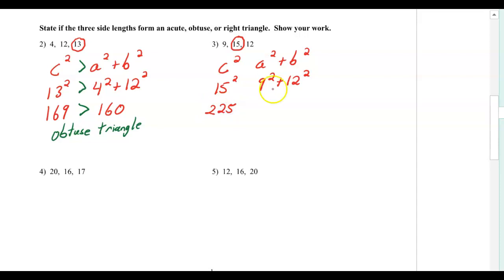When I type in 9 squared plus 12 squared, I get 225. Those are equal. Since they are equal, this is a right triangle.